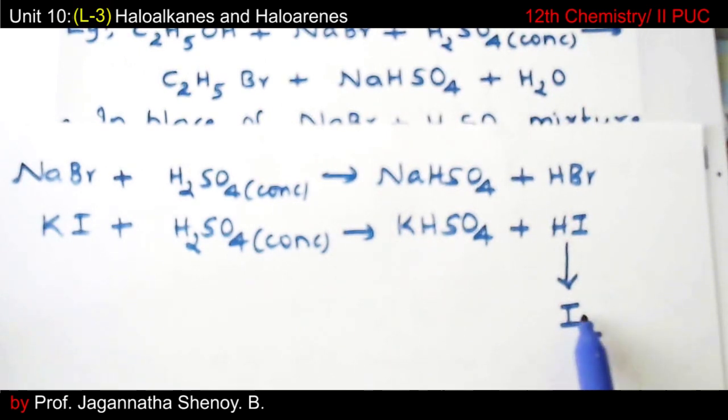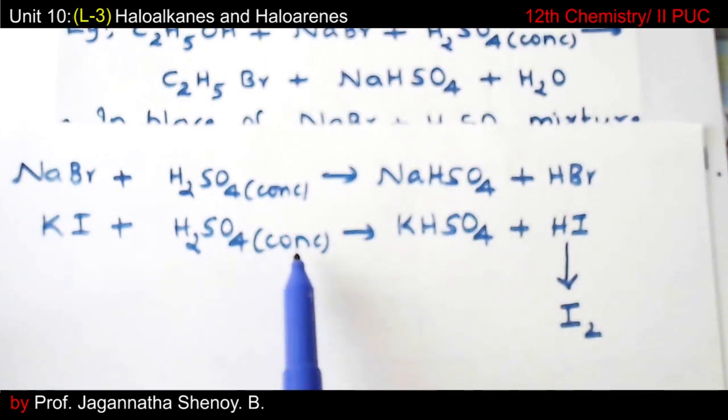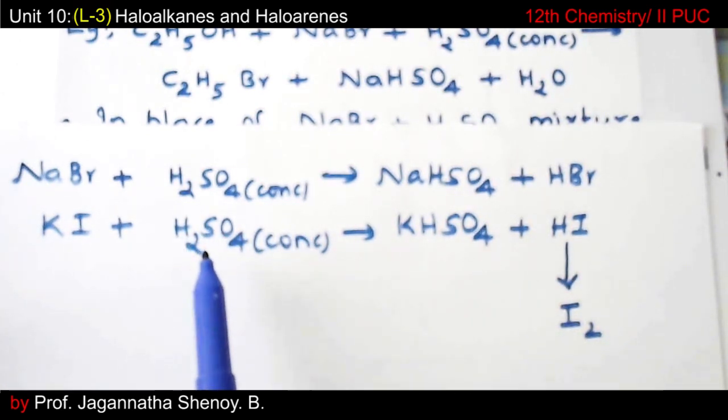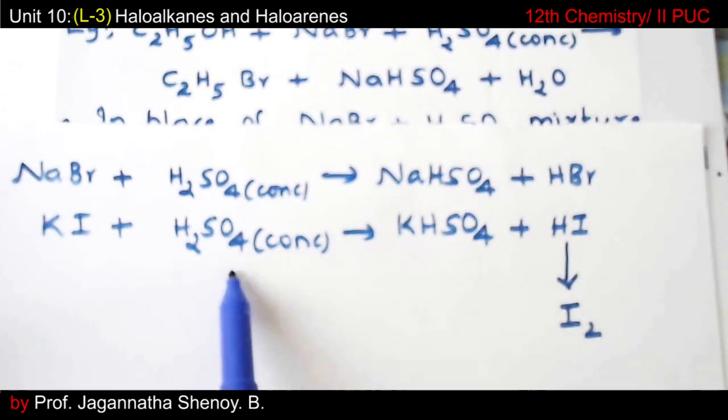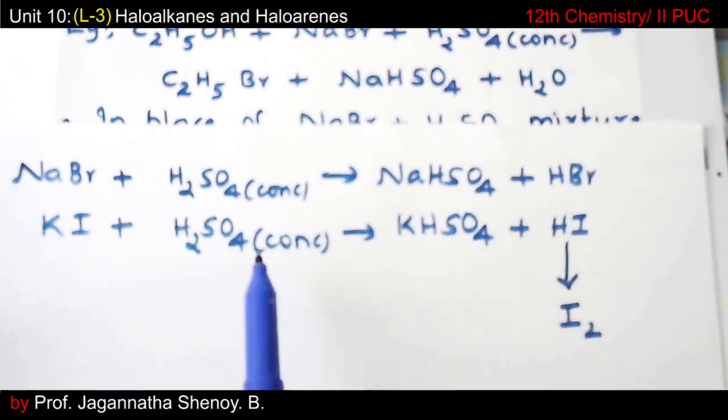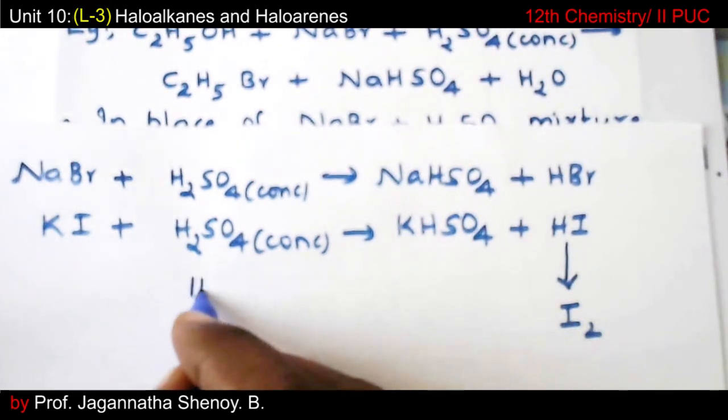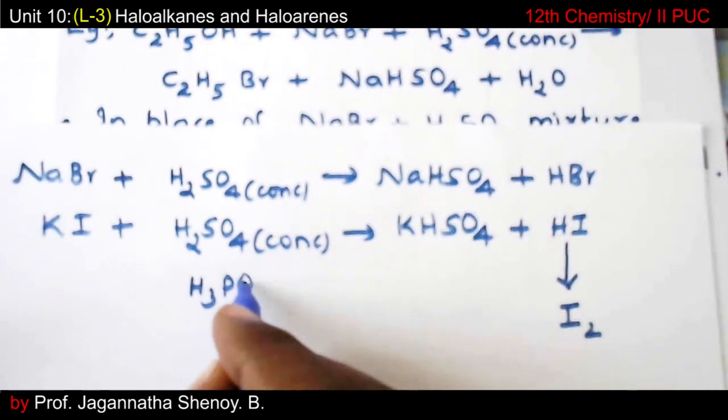And I2 is not a useful reagent in this particular reaction. That is why we have to replace H2SO4, which is a non-volatile oxidizing agent, by a non-volatile non-oxidizing agent. And the best example we can consider is H3PO4.